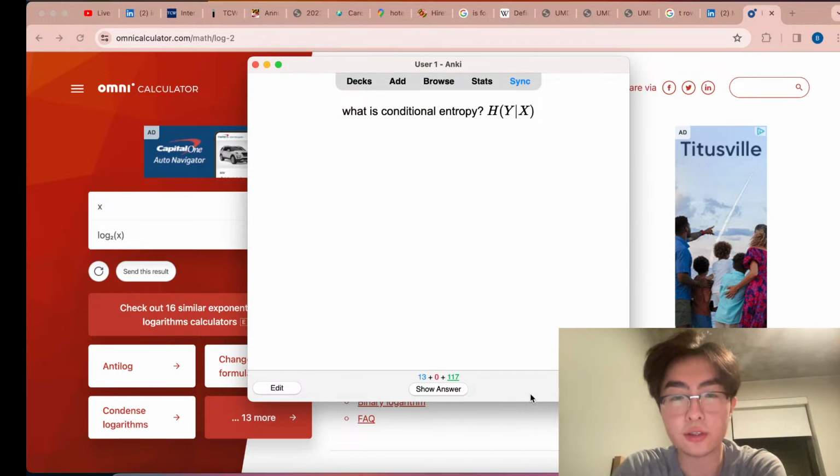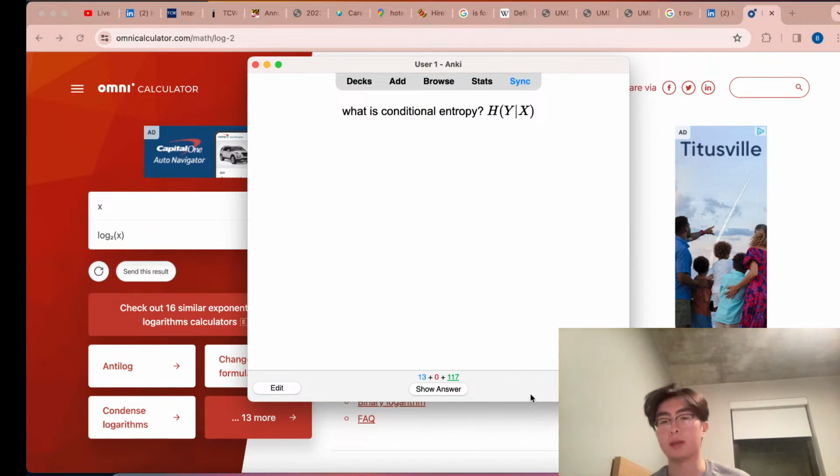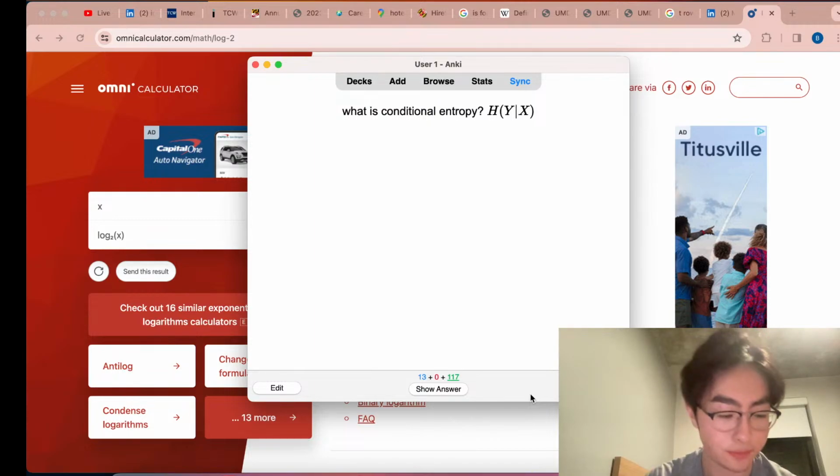And the conditional entropy, I think, can be maybe the entropy after making some type of split or given some type of information.